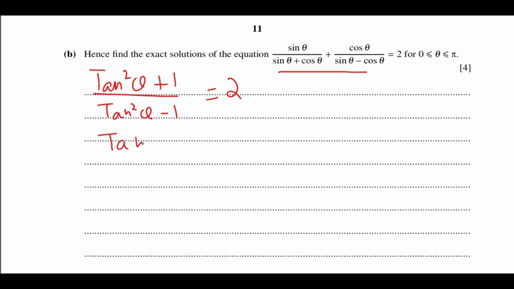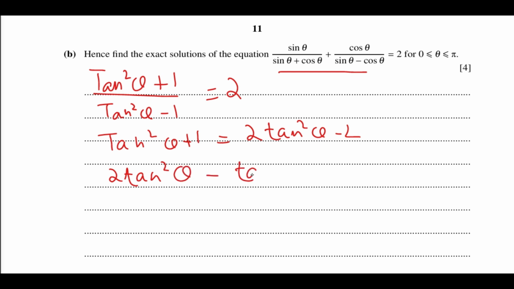After multiplying it, tan square theta plus 1 equals 2 tan square theta minus 2, so 2 tan square theta minus tan square theta minus 2 minus 1 equals 0. These two will become minus 3, which gives us tan square theta minus 3 equals 0.